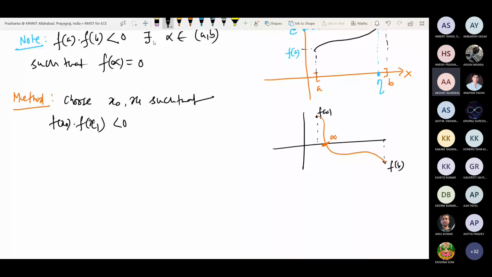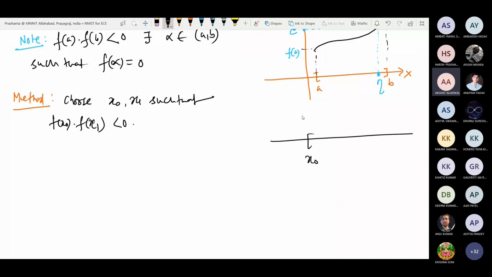Okay, so once you choose, you have obtained an initial interval which contains the root, yes or no? So this is the x-axis, and this is the point x0, and this is the point x1. So you have chosen two points x0 and x1 for which this criterion is satisfied, f of x0 into f of x1 less than 0.